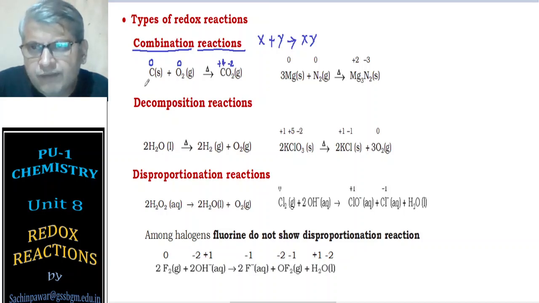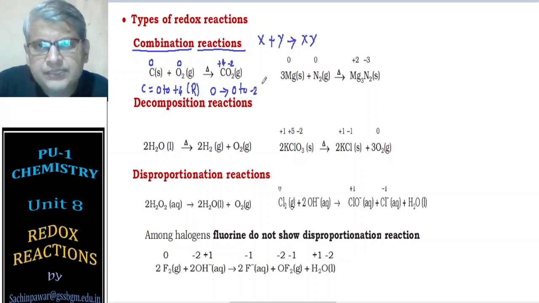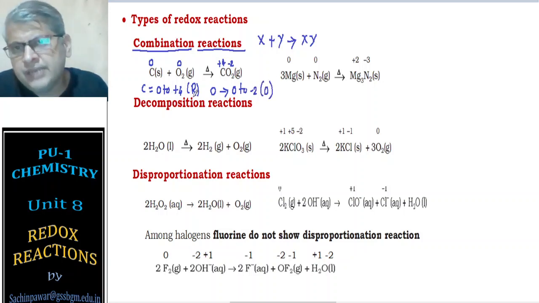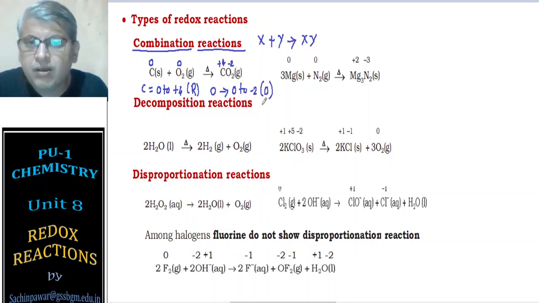If you see carefully, carbon is changing from 0 to +4, and oxygen is changing from 0 to -2. Increase in oxidation number is oxidation, decrease in oxidation number is reduction.